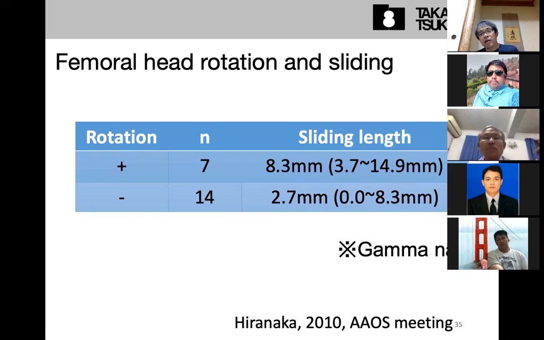So femoral head rotation and sliding length both indicate the risk of cutout. It implies a very, very unstable fracture.